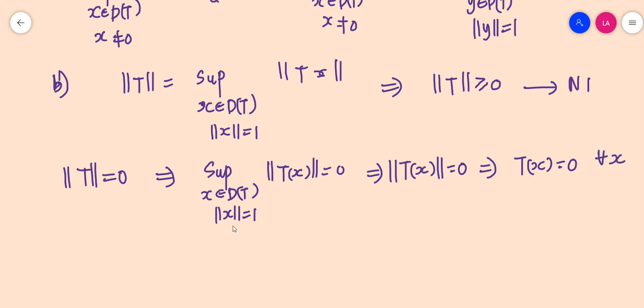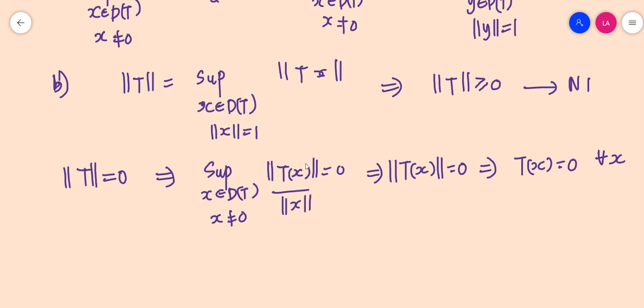Here, instead of this definition, you can substitute the other definition as well. Using the other definition, x not equal to 0, we can substitute by norm x, which is actually a positive quantity.